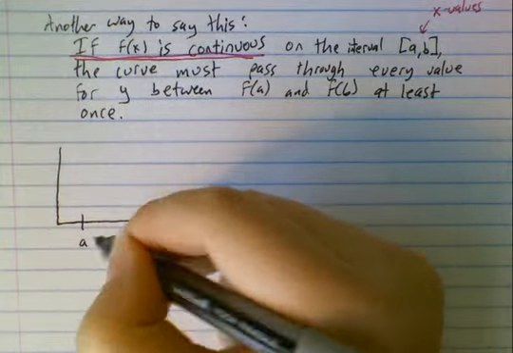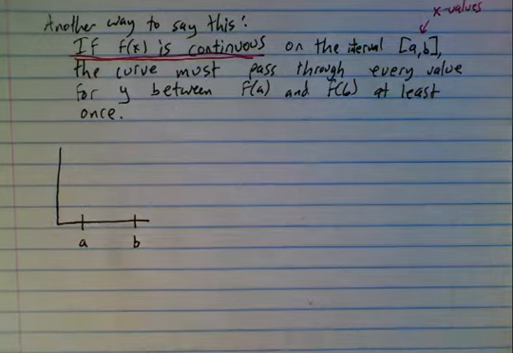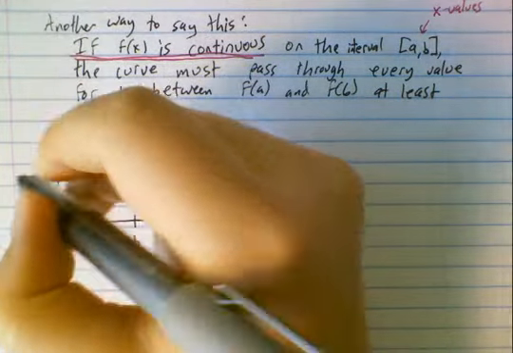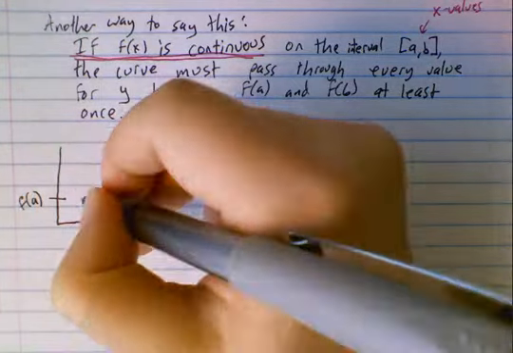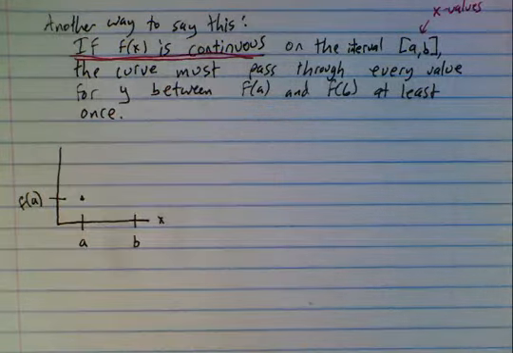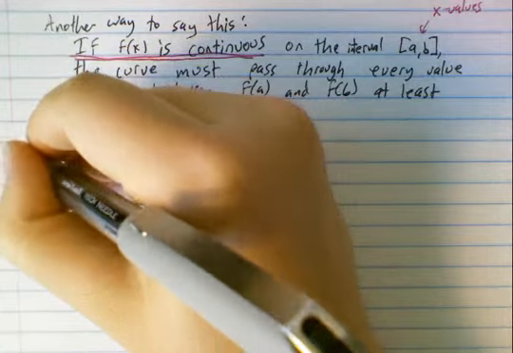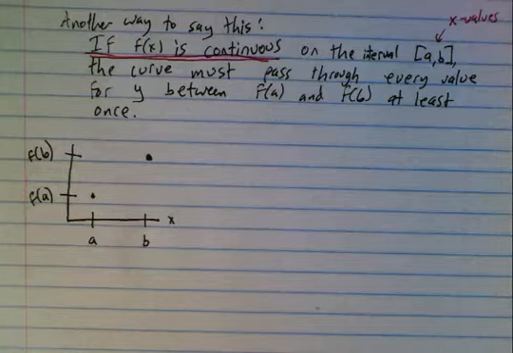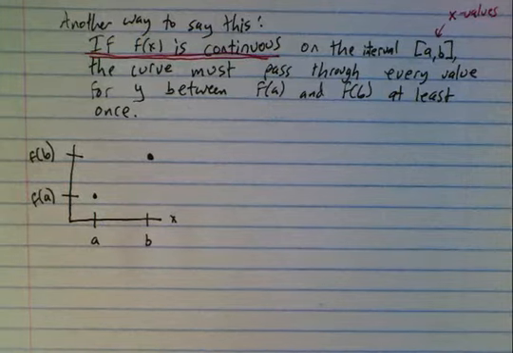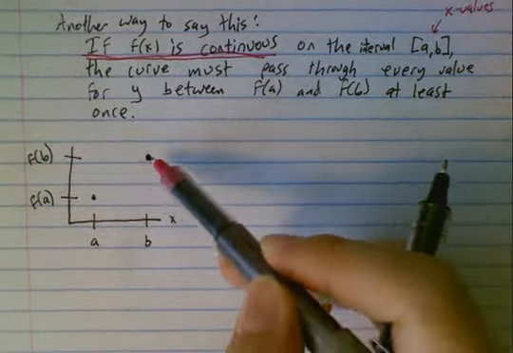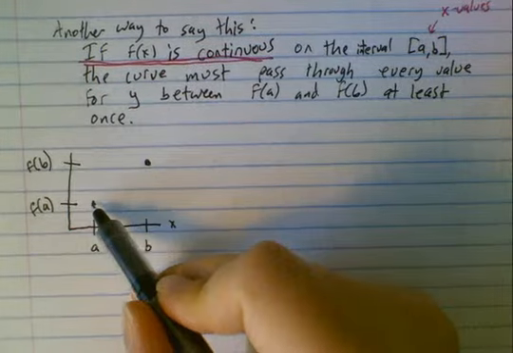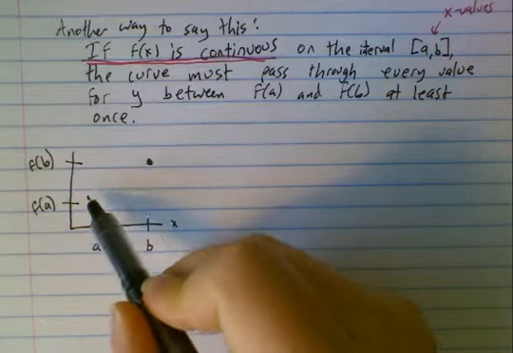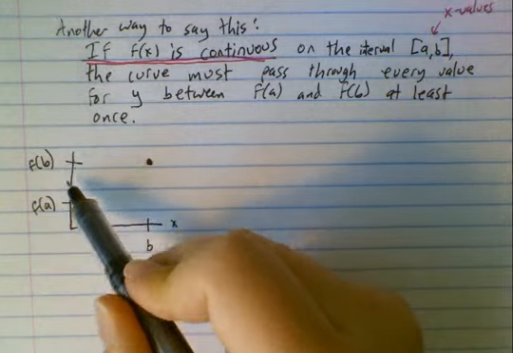So let's say we've got some value a, some value b. This is on the x-axis. And this is f of a, just some value. And this is f of b, so some value right there. What this is saying is that if this is continuous, then in order to get from this dot to this dot without lifting our pencil, we have to go through every value in between.